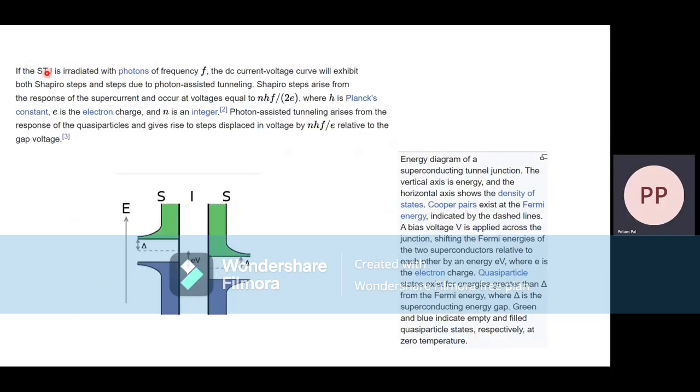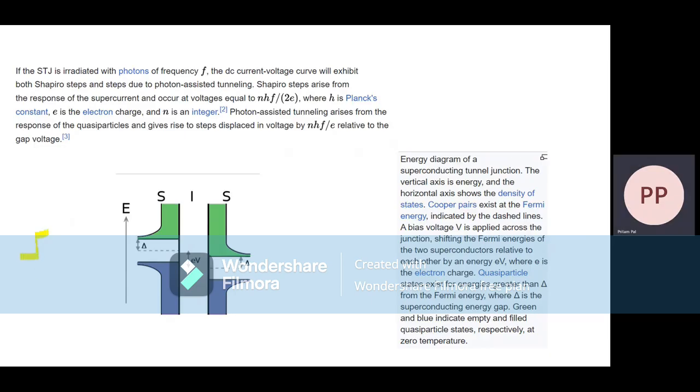So suppose this junction is irradiated with photon frequency f, then the DC current-voltage curve will exhibit the Shapiro steps. What does it mean by Shapiro steps? If you carefully look at the IV characteristics, I hope our instructor has already discussed this.